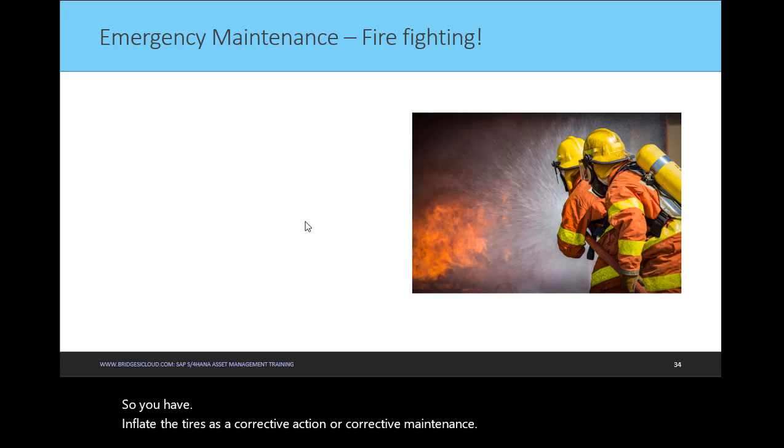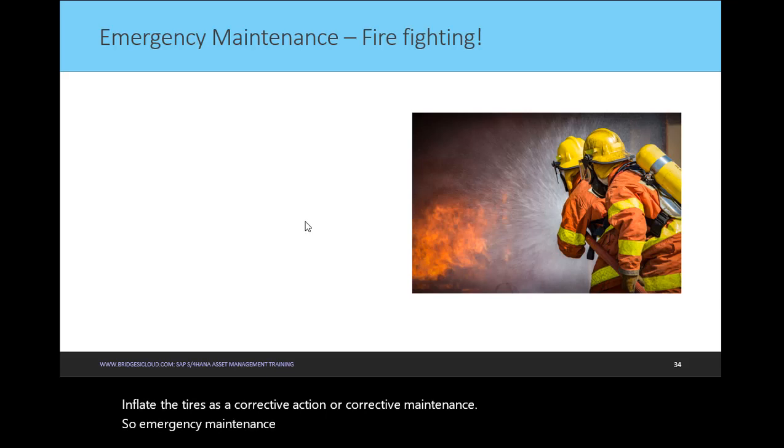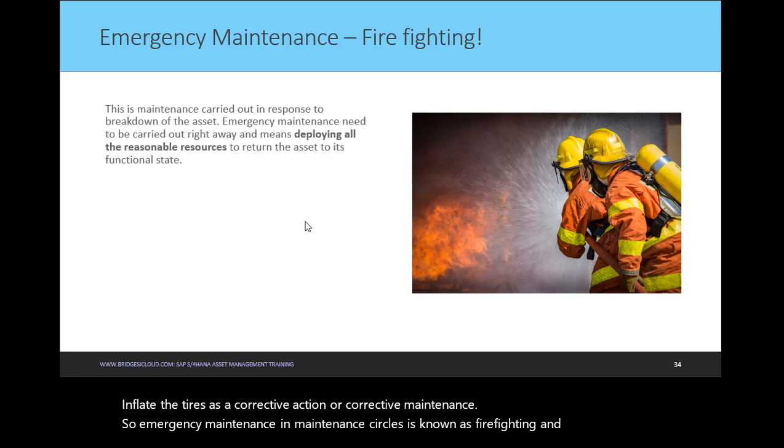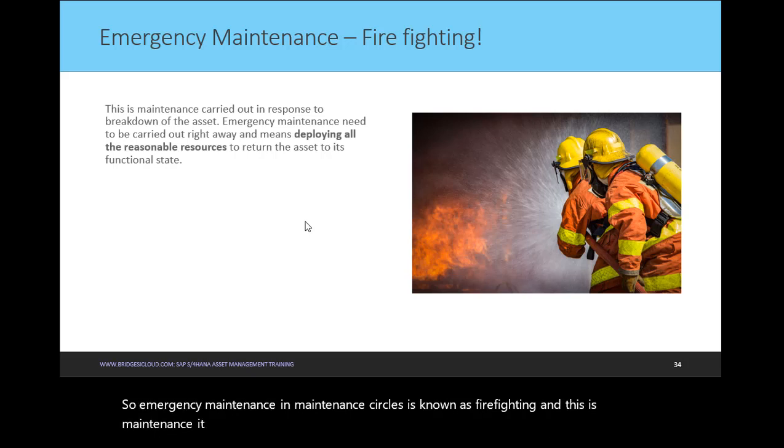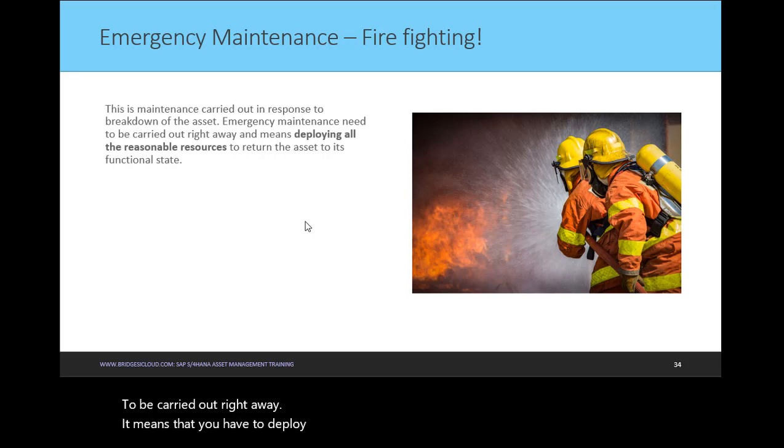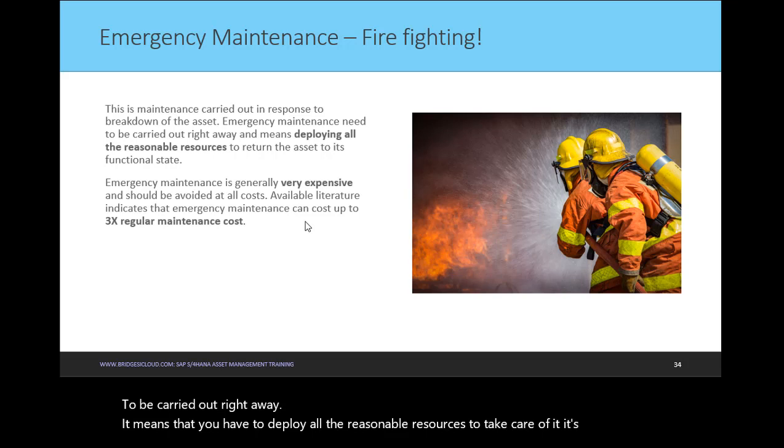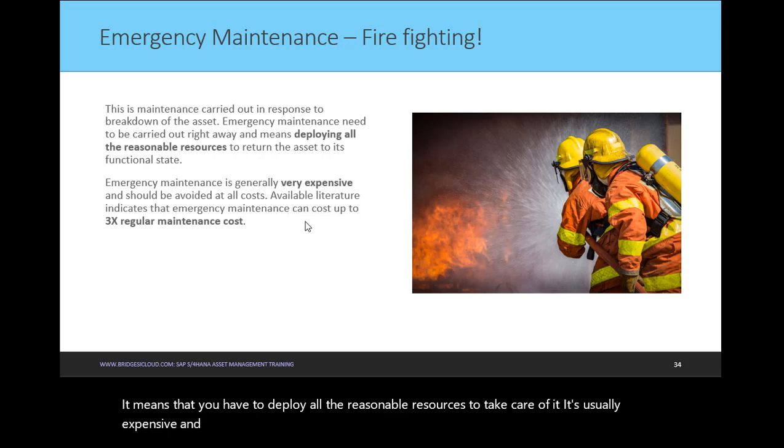Emergency maintenance in maintenance circles is known as firefighting, and this is maintenance you want to avoid at all costs. It needs to be carried out right away, and it means that you have to deploy all the reasonable resources to take care of it. It's usually expensive and should be avoided at all costs.